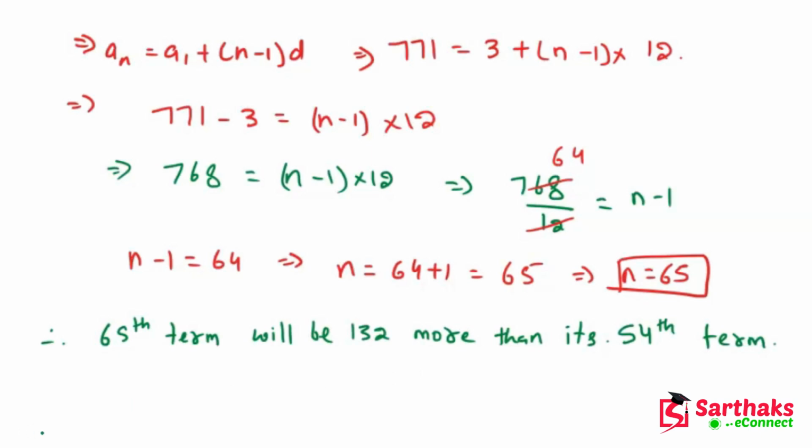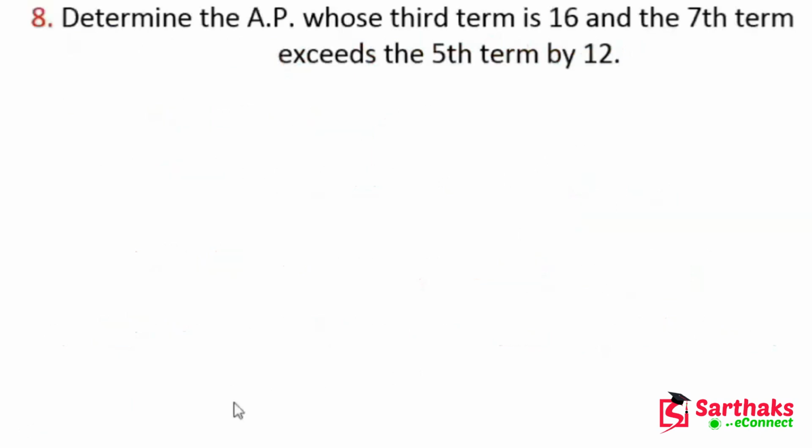Now let's move on. Determine the AP whose third term is 16, and whose seventh term exceeds the fifth term by 12. Okay, now let's do that. Very easy question.